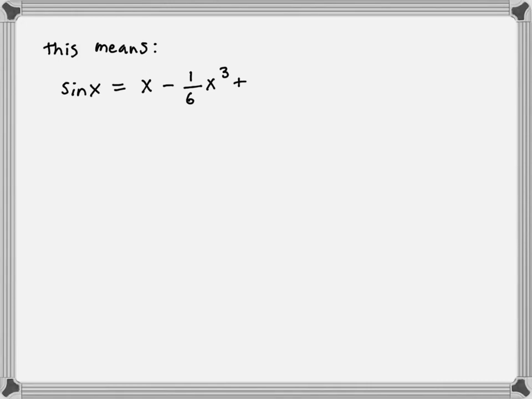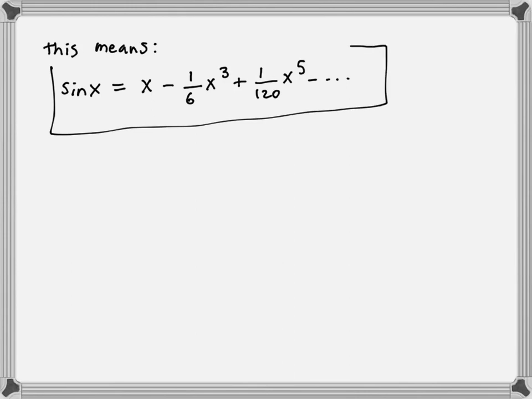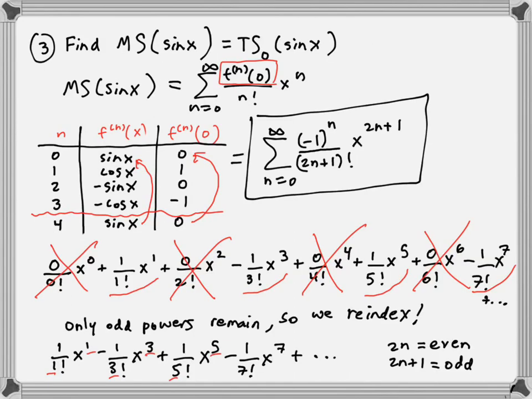What's 5 factorial? 24, 120. So it would be plus 1 over 120 x to the 5th. And we can continue that pattern forever, but this is sine of x. It's just another way of writing sine of x. This is if you wanted to write it without sigma notation, but of course with sigma notation, it's nice and compact. I just wanted you guys to have an idea of what we were looking at.